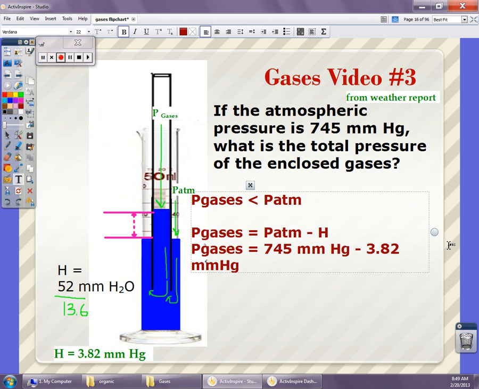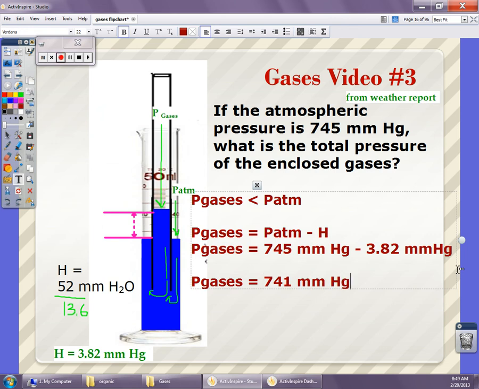After we are done subtracting the two from each other, we find the pressure of the gases equals 745 minus 3.82, about 741 millimeters of Hg. This is a rounded value based on significant figures. If you put down 741.18, that would be fine too.